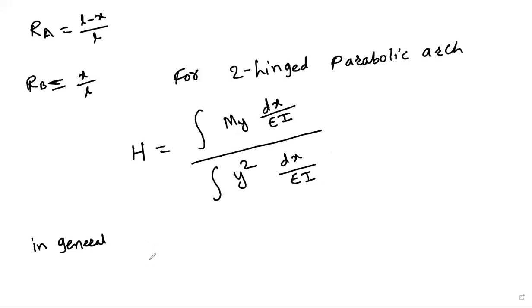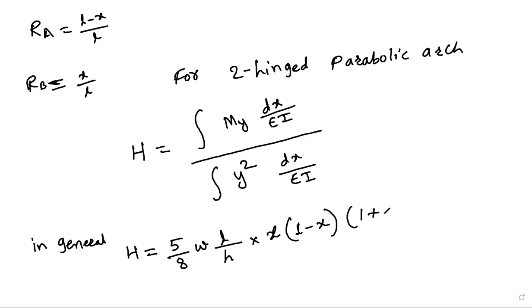So the equation of H after simplification is equal to, please write down this equation, 5 by 8 W, that is the 1 kilonewton load on the two-hinge arch, L divided by h, multiplied by X in bracket 1 minus X in bracket 1 plus X minus X square.